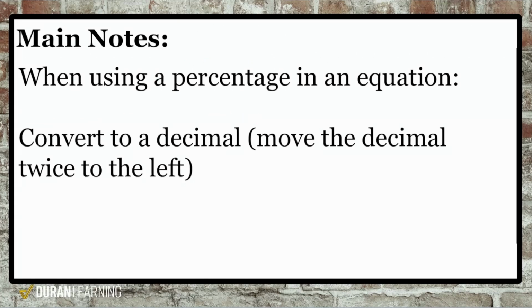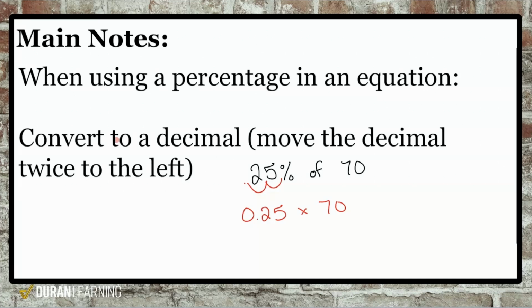So if we're calculating 25% of, let's say, 70, to actually work with that percentage inside of the equation, we have to convert it to a decimal, which means we're going to move that decimal twice to the left. So that'll give us 0.25 multiplied by 70.